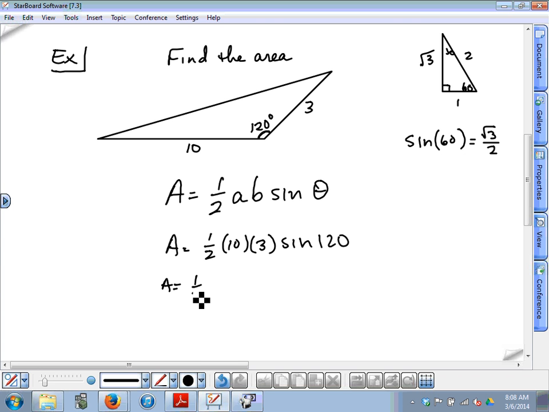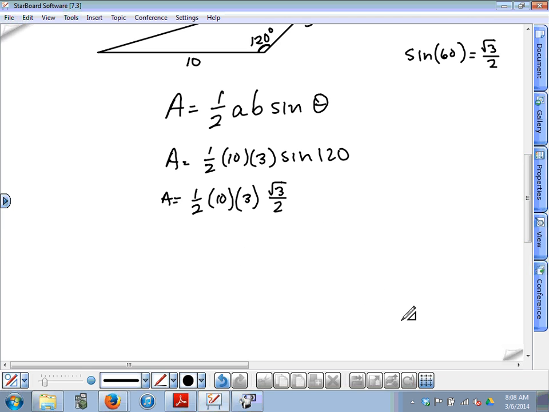So we have area equals 1/2 times 10 times 3 times the square root of 3 over 2. One half of 10 is 5. 5 times 3 is 15, so we get 15 square root of 3 all over 2.